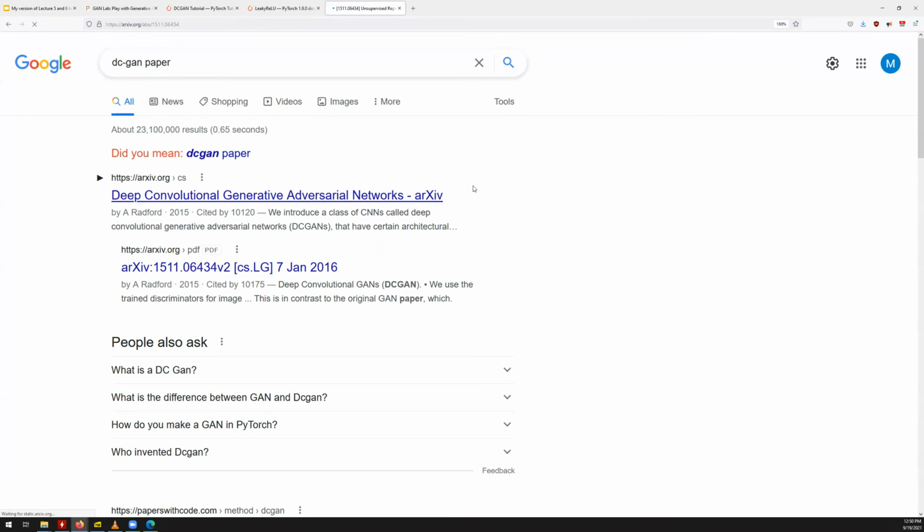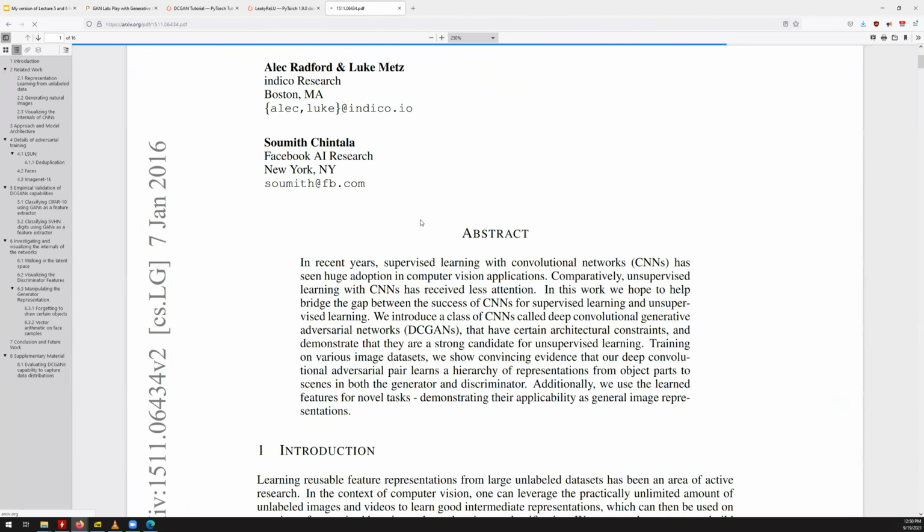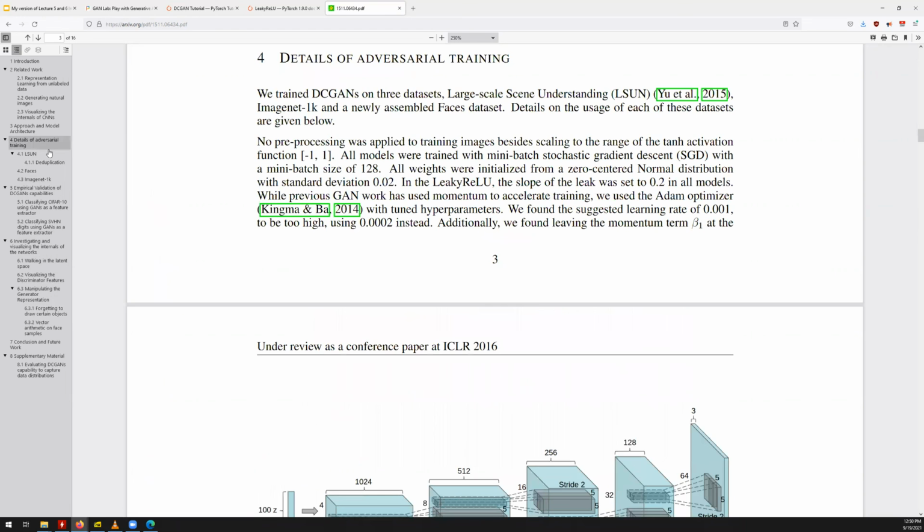I think this is the one, and okay, so probably in the results section, details. This is the details.